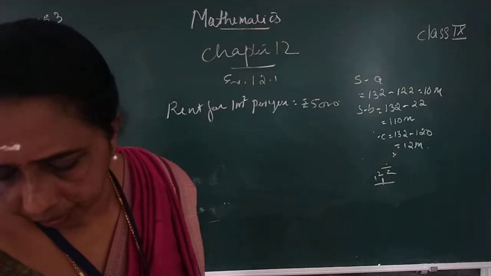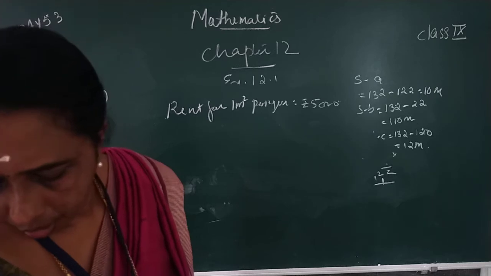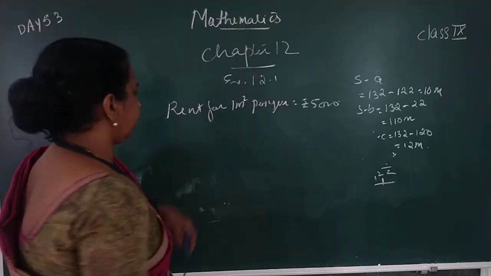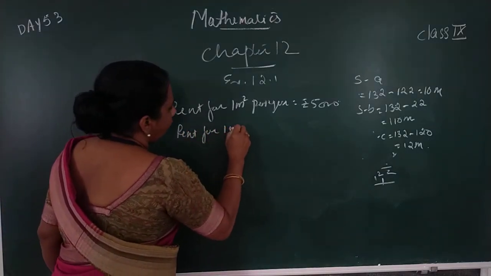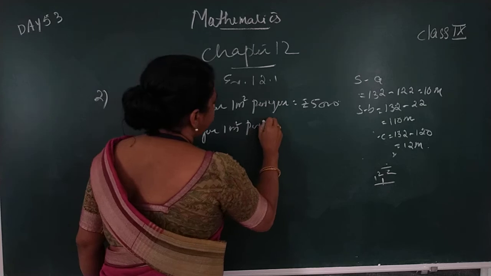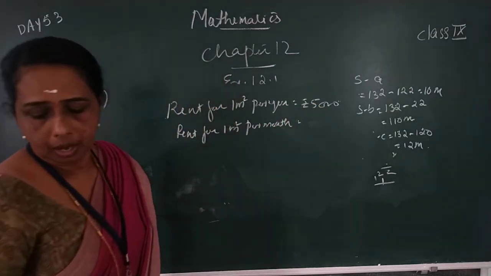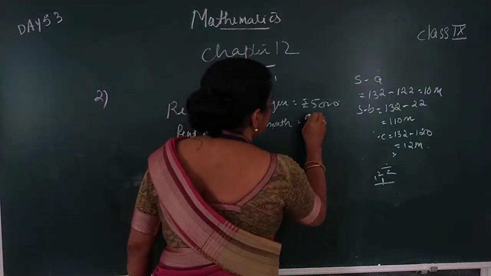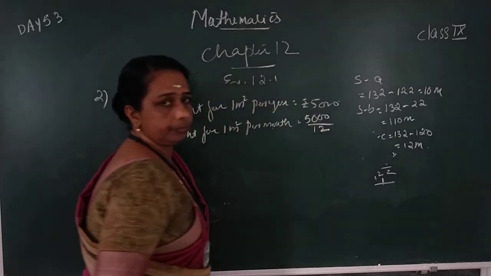Okay, here we want to find out the rent for this much area for 3 months. Okay, this is per year. So we can find out the rent for 1 meter square per month. For 1 month, that is 5,000 divided by 12.